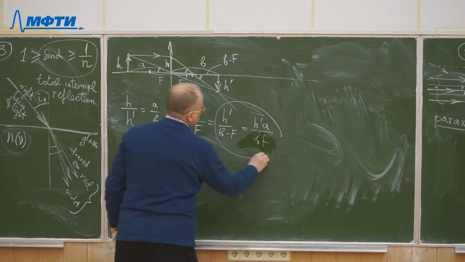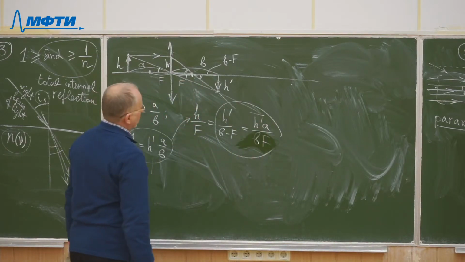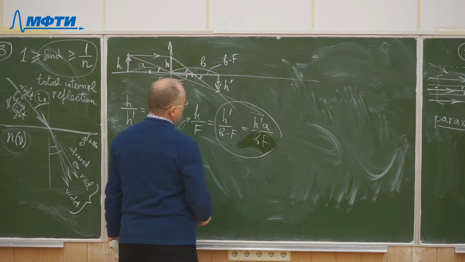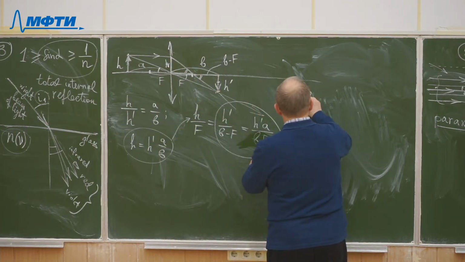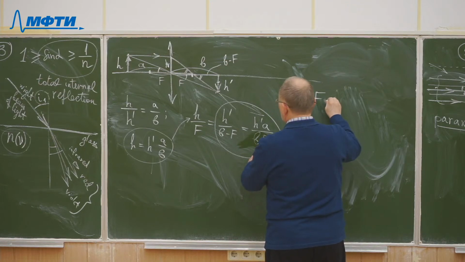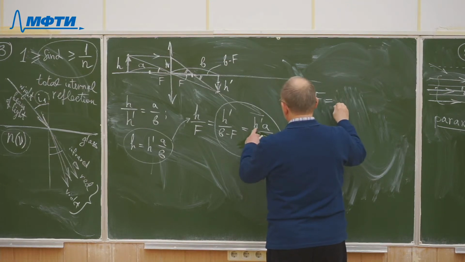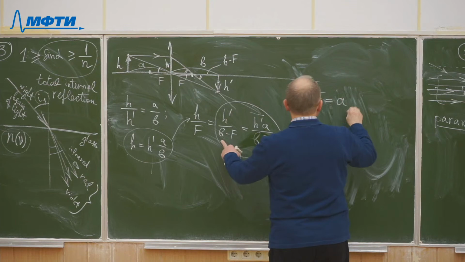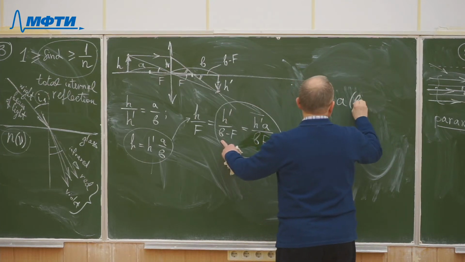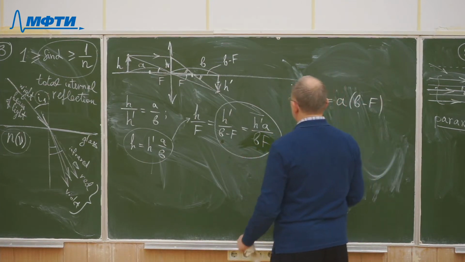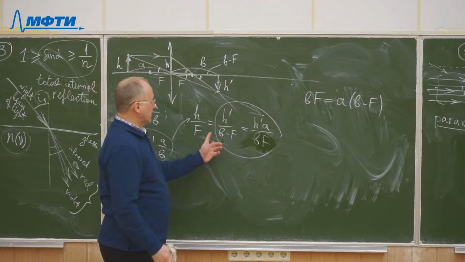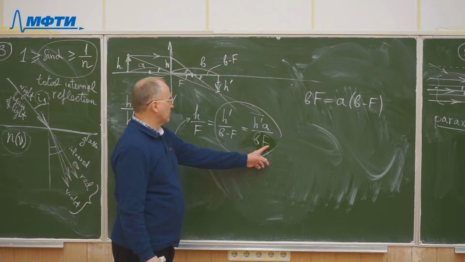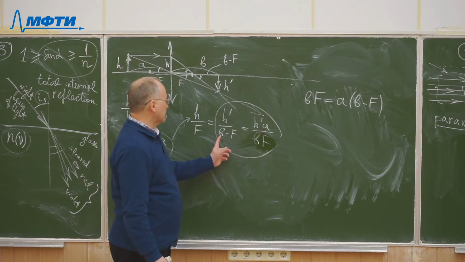Now I take this formula, I can cancel by h prime, and what will be here in result? bf will be equal to a times (b minus f). I canceled by h prime and obtained this, and I multiply by bf. bf will go here, and I multiply by b minus f.